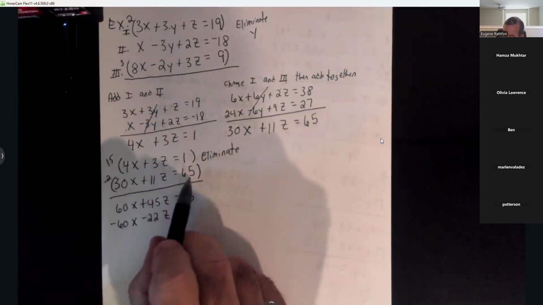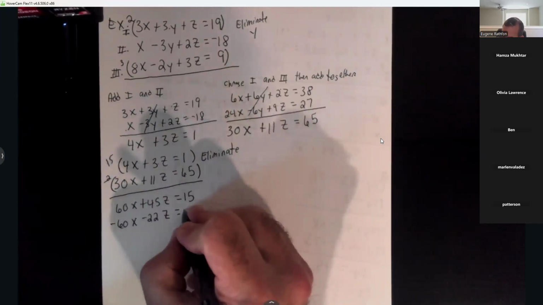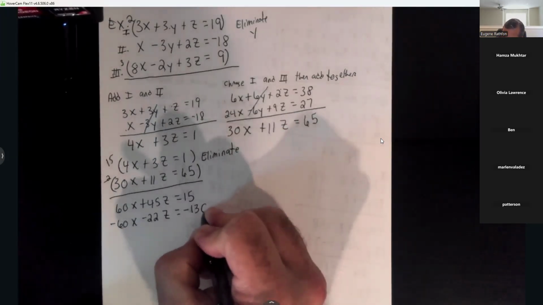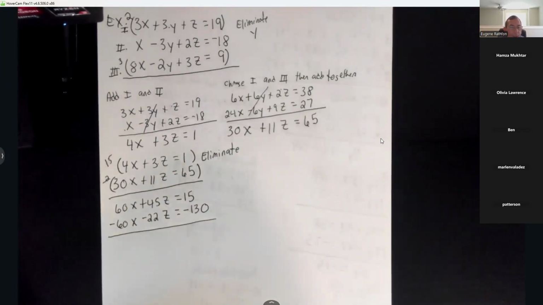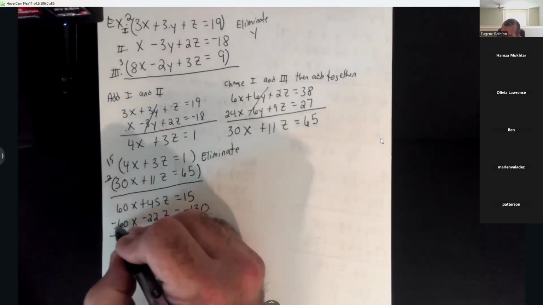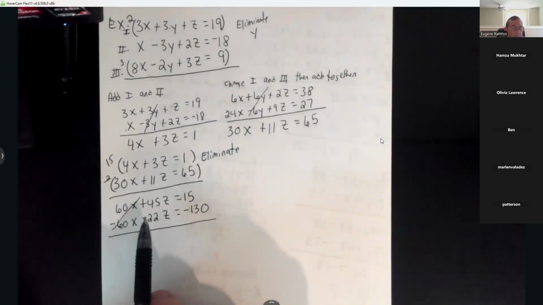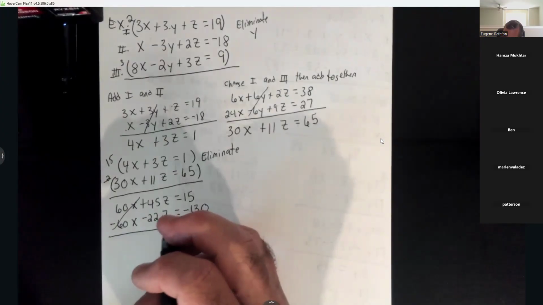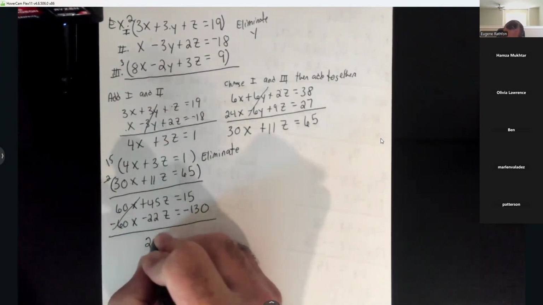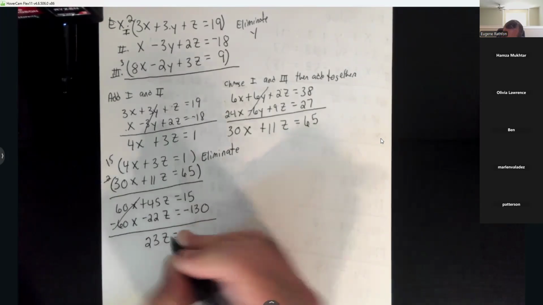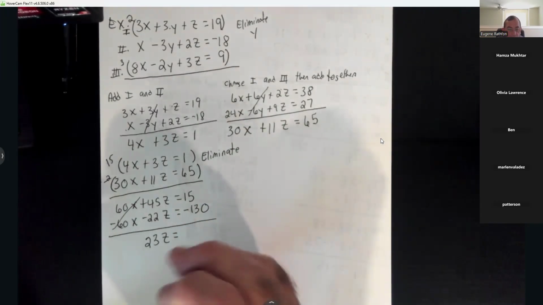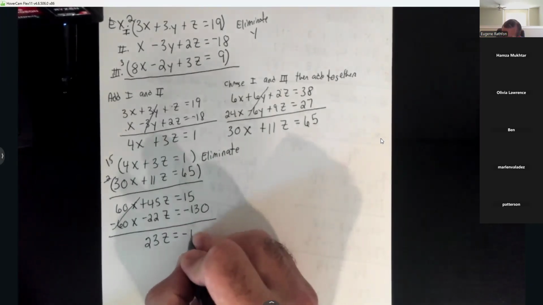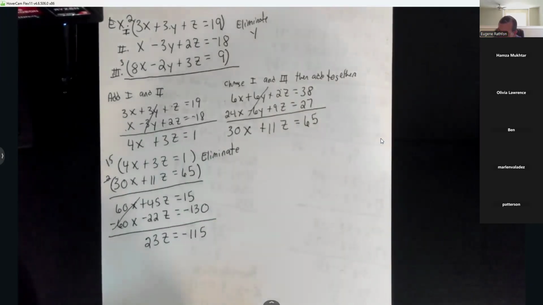And then -2 times 65 is -130. All right, but Daddy, you did good. Those x's are now canceling. So let's see what we got. 45 minus 22 is 23z. And then 15 and -130 give me -115.